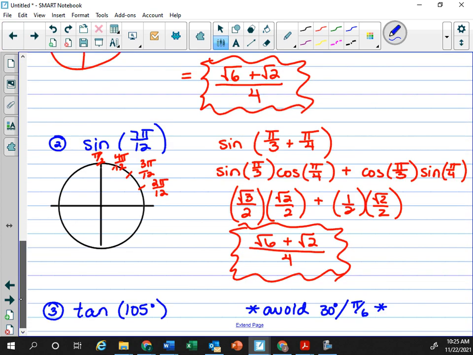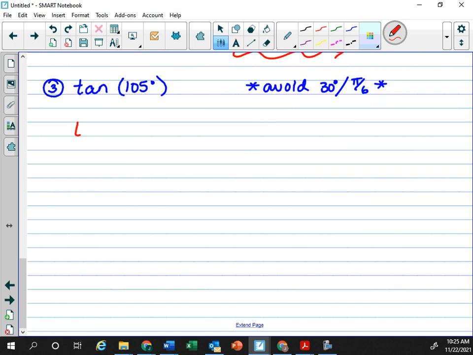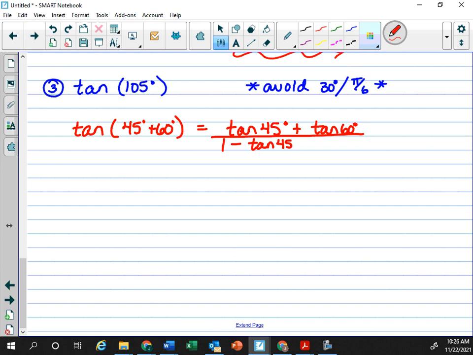So what angles do you want to add or subtract to get 105 degrees? 45. I like it. 45 and 60. Okay, so that's going to be tangent of 45 plus tangent of 60 over 1 minus the tangent of 45 times the tangent of 60.